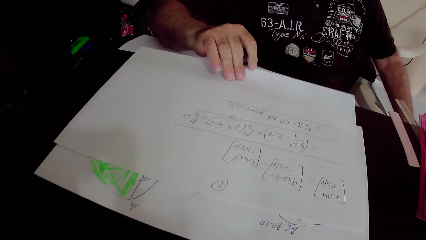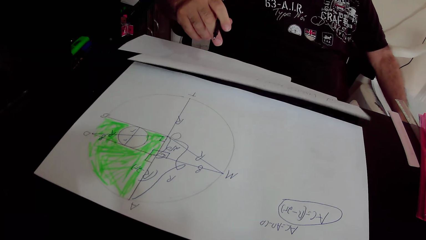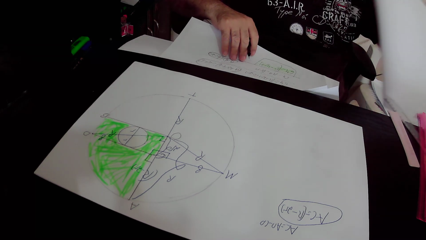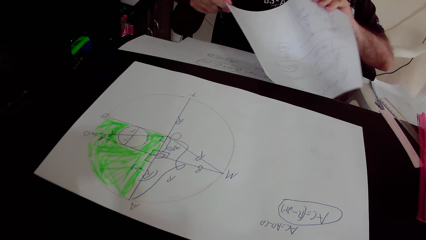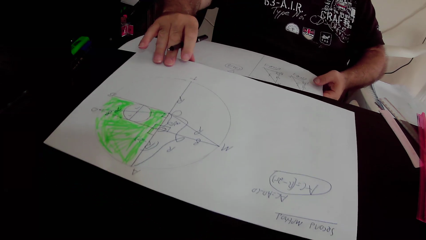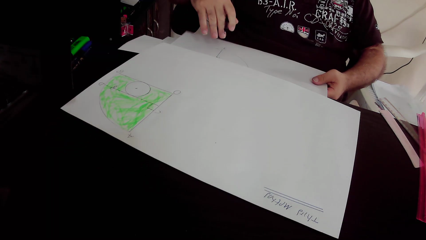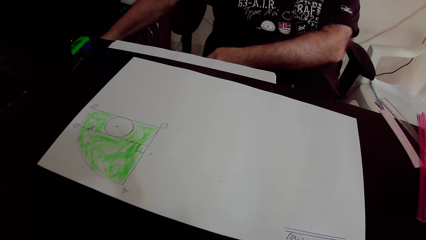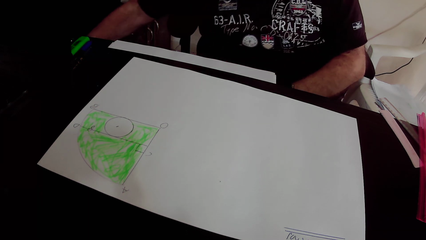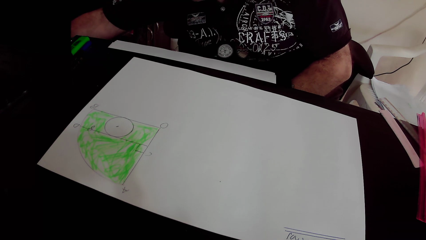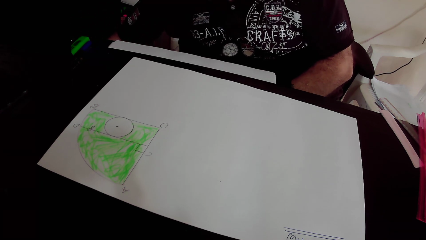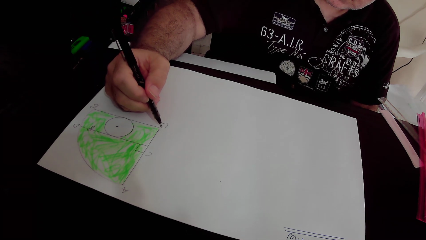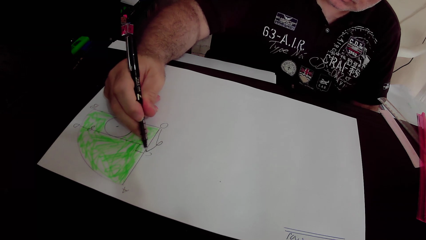In the next step I will present to you how to find the area of this green shape according to the third method. We've already found out that CO equals 2R.